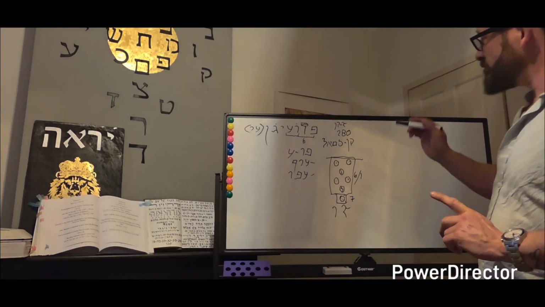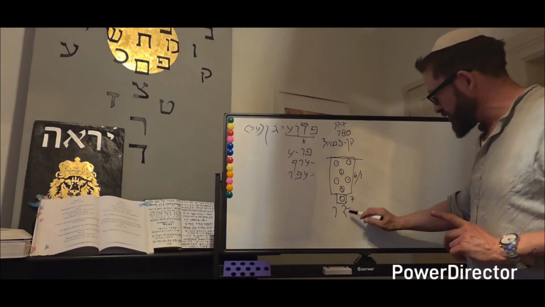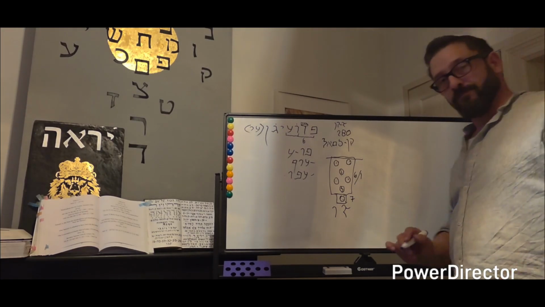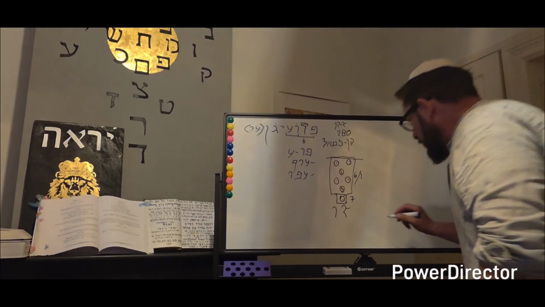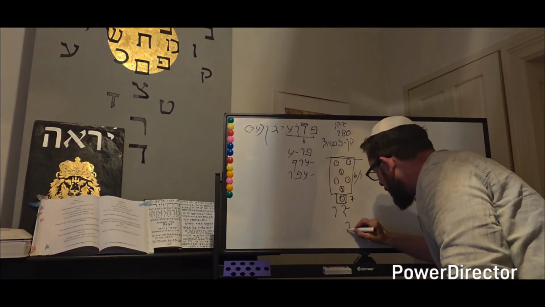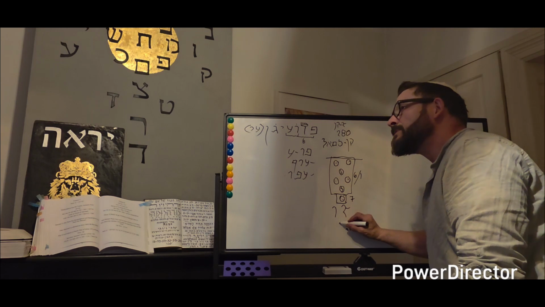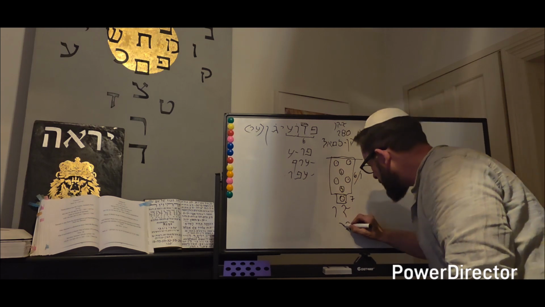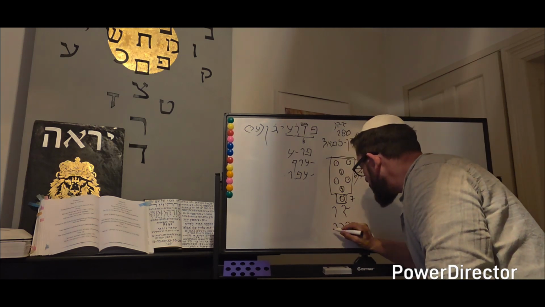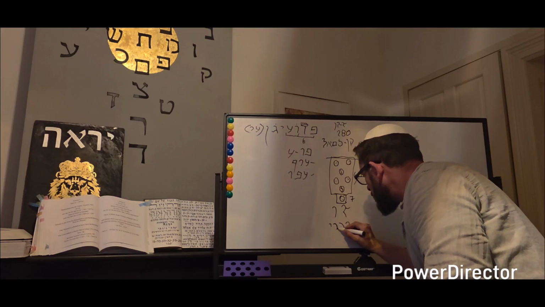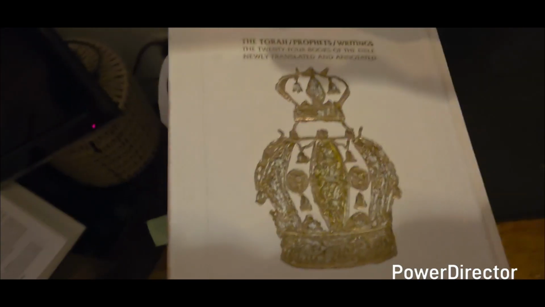Yes, I remember, because we had one permutation for stranger, zer. We have another, is nochri: nun, kaf, reish, yud. Yes, I found it.